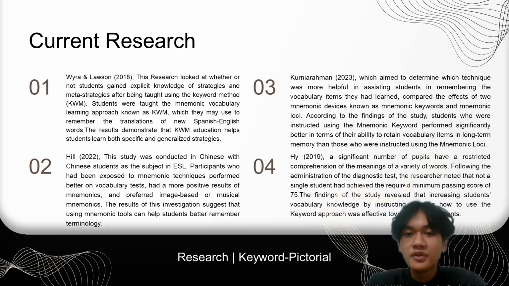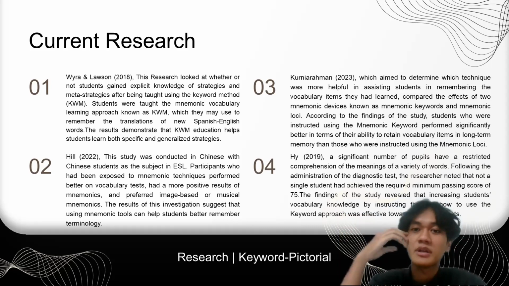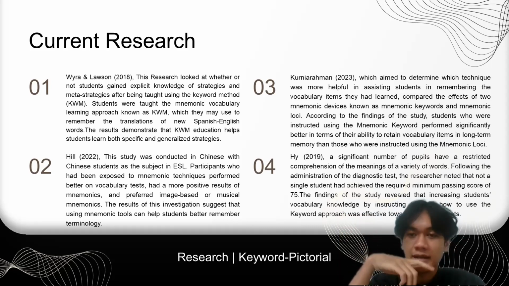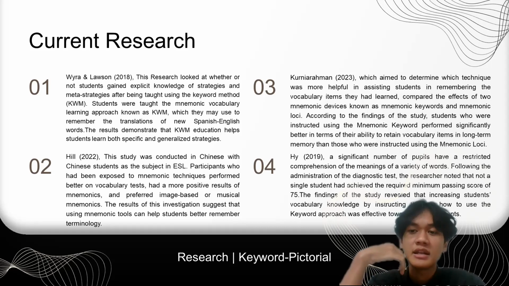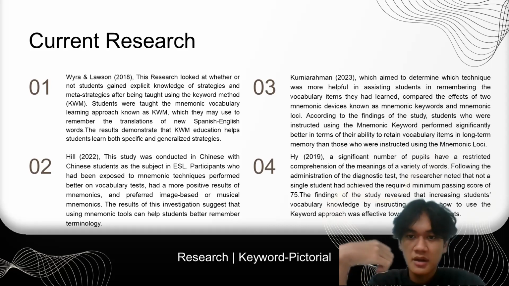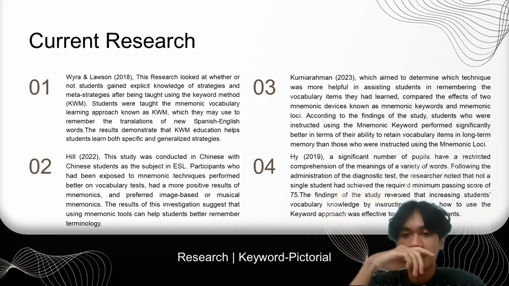It compared the effects of two mnemonic devices, known as mnemonic keyword and mnemonic loci. According to the findings of this study, students who were instructed using the mnemonic keyword performed significantly better in their ability to retain and gain vocabulary items in long-term memory.